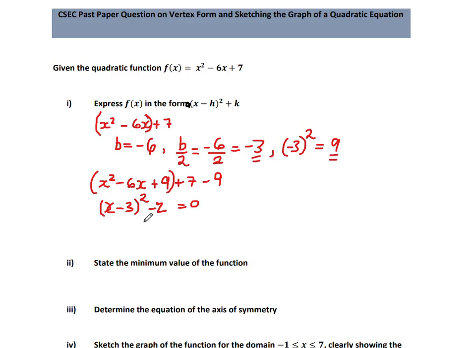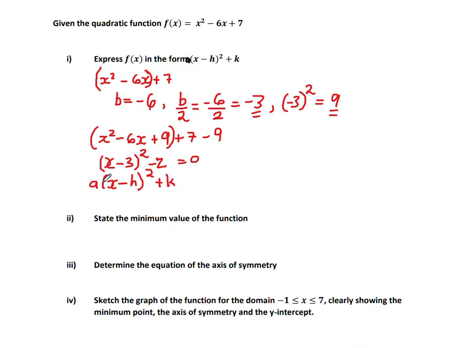So we can write down the values here. The quadratic equation in vertex form, remember vertex form is a into x minus h all squared plus k. That is vertex form. So all we're going to do now is write down the parameters.